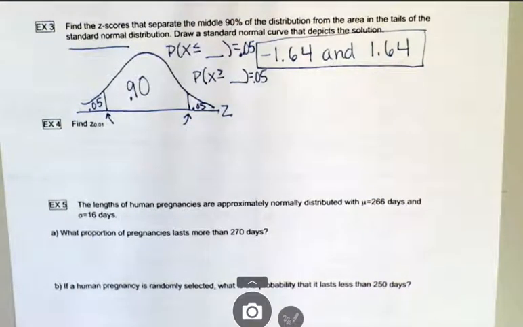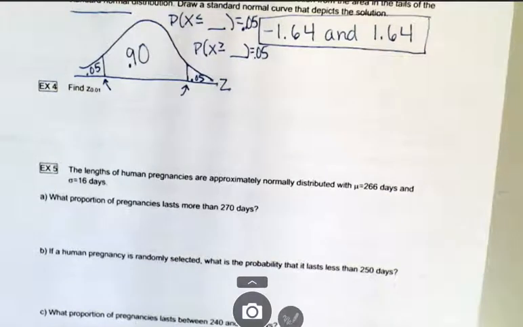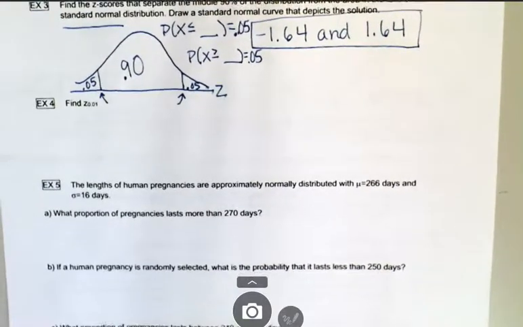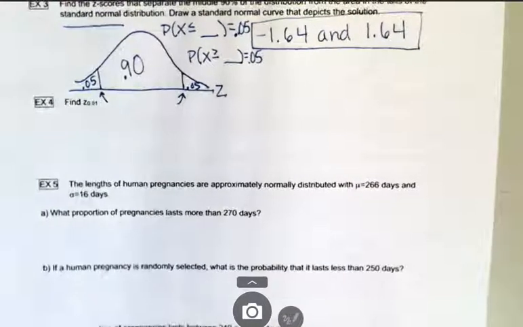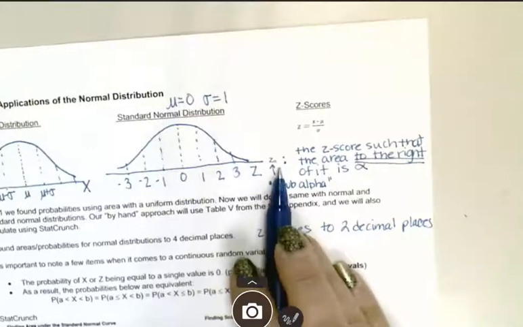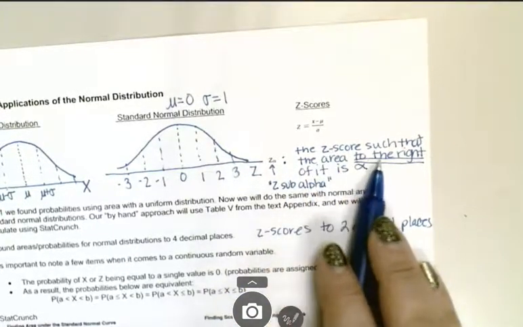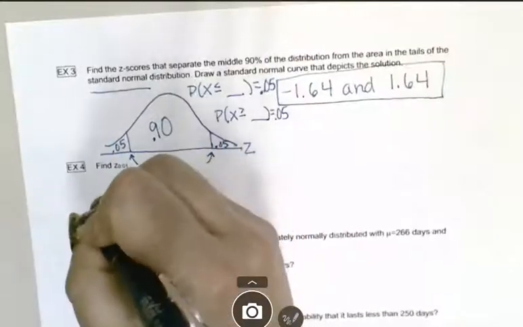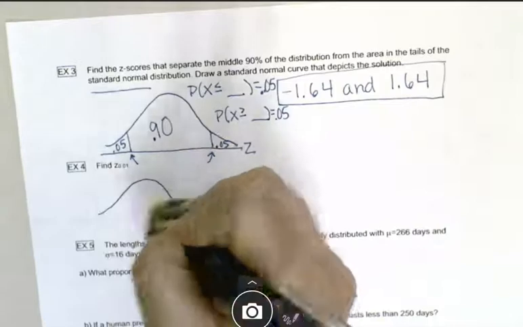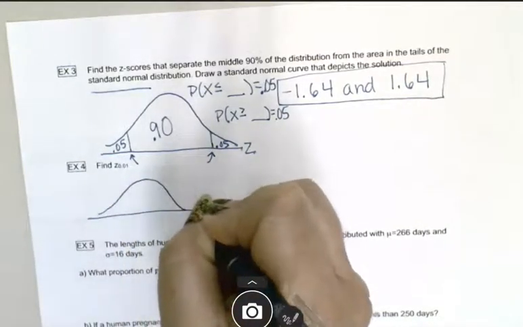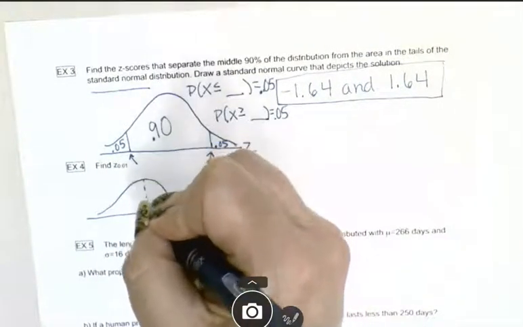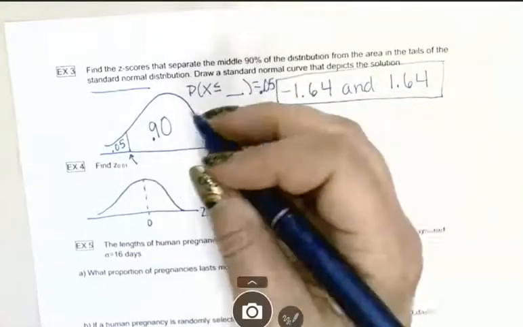All right, next one, example 4, find z sub 0.01. So making sure that we know what that is asking. Back on the front, we said that that represents the z-score such that the area to the right is alpha. So the picture here, my continuous random variable is z, and I know this is 0.